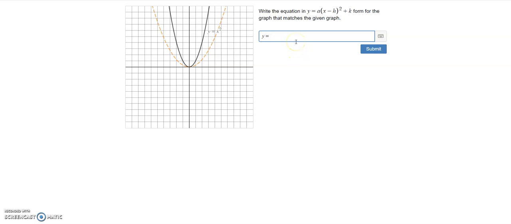So again, I'm going to guess and check. Something lower than 1, like maybe 0.7, and x to the second power. So let's see, where am I? I'm right here. So 0.7 wasn't low enough. And again, I'm emphasizing that creating a number lower than 1 will make the parabola look like it's getting lower.